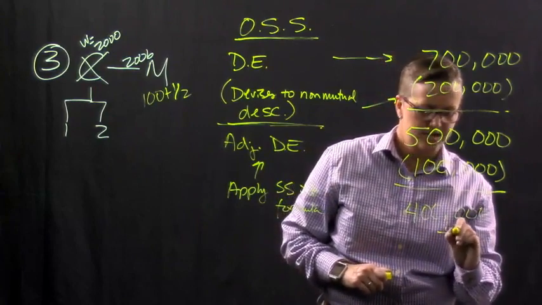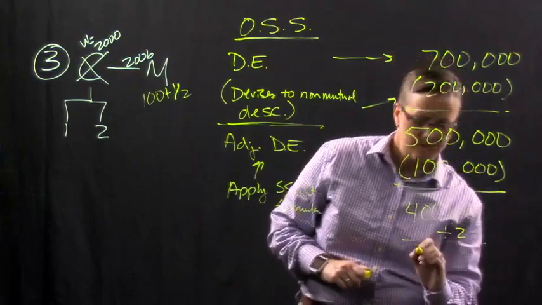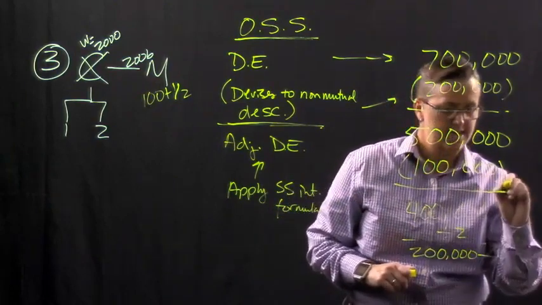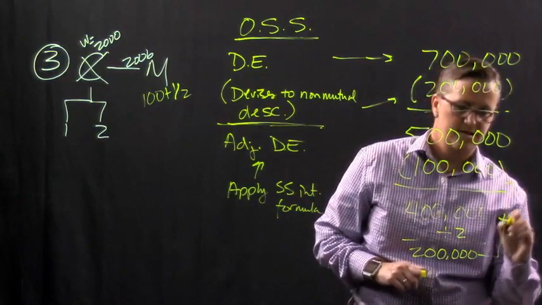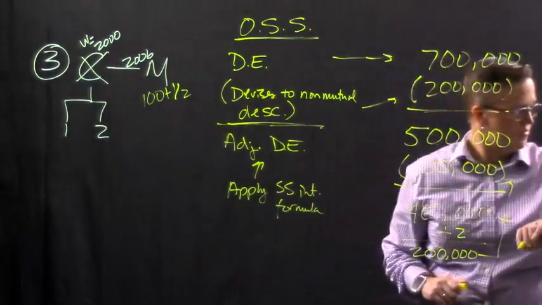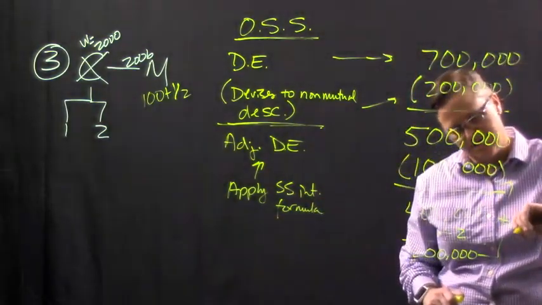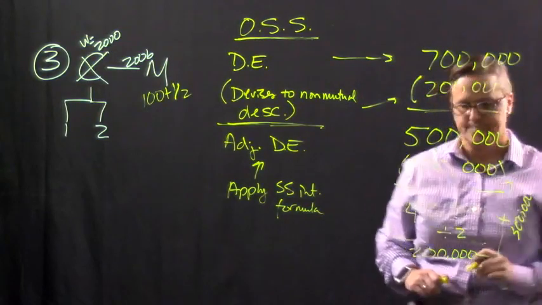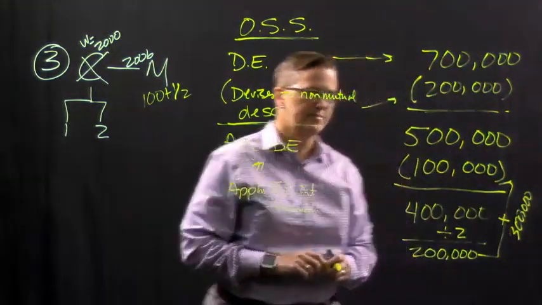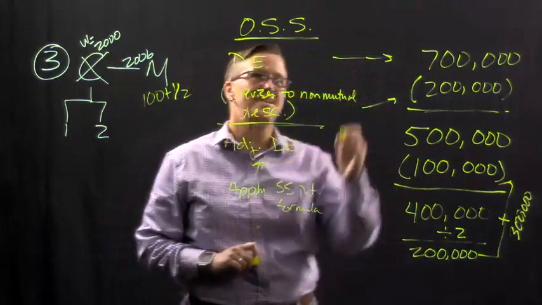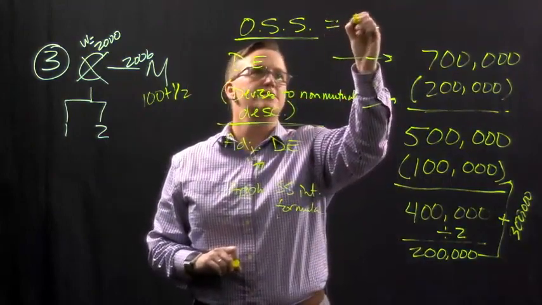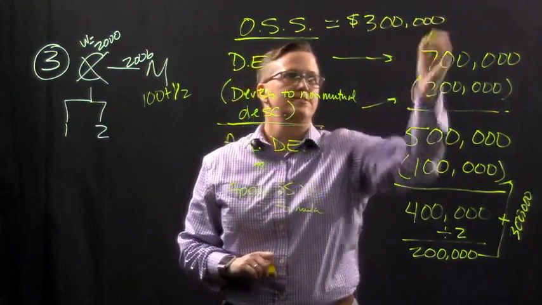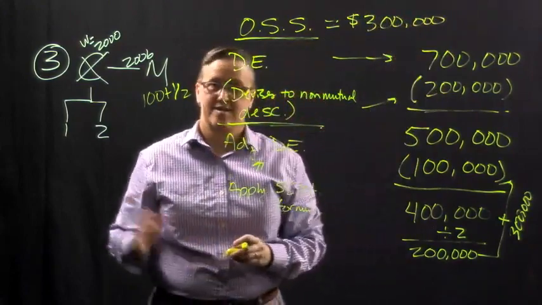Divide that by 2. Leaves us with 200,000. Add these two together. That gives us $300,000. So Molly's omitted spouse's share equals $300,000.